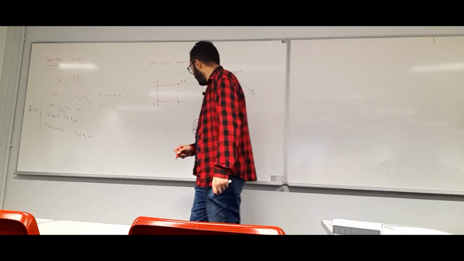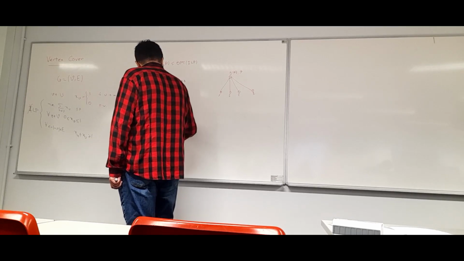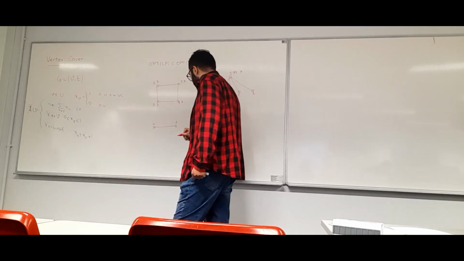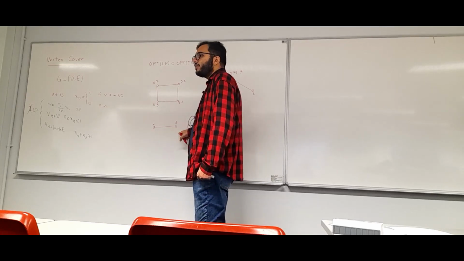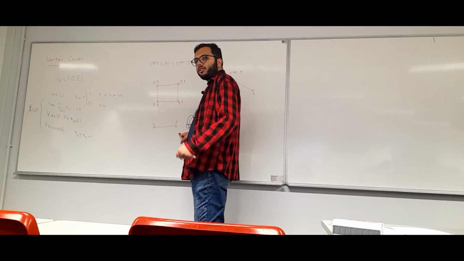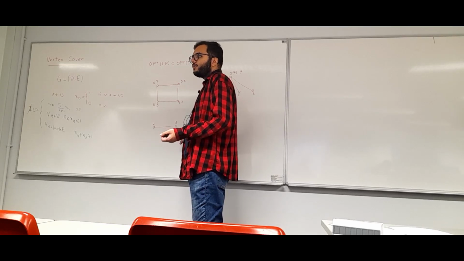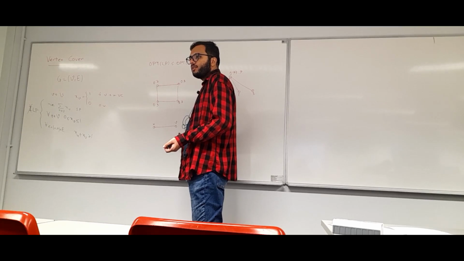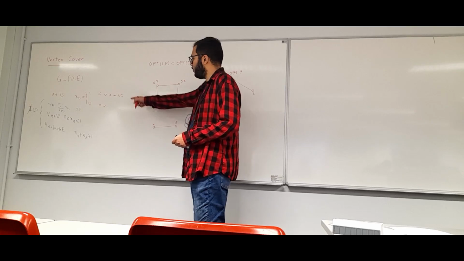Well, let's say I have an edge UV, right? So I know that the value assigned to U plus the value assigned to V are going to be at least 1, right? So at least one of them has to be at least 1/2. So at least one of them will be rounded up and become a 1.